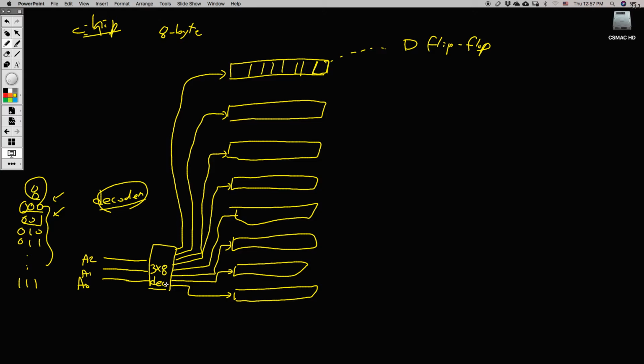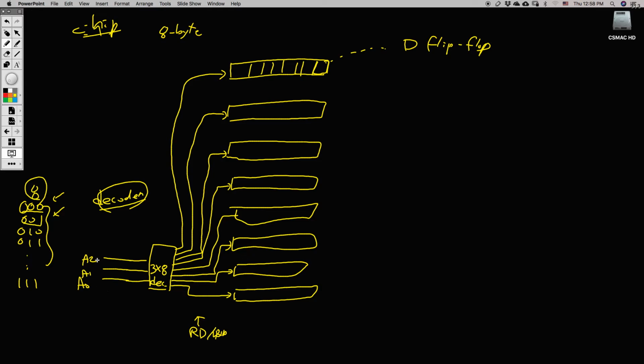So using a 3 by 8 decoder, we can select one of those. Then we need to have something like read or write. So is this for read or write? If the read signal is 1, we read from the memory. If it is 0, we want to write. So there is a read or write control signal there to determine the direction of the information flow.